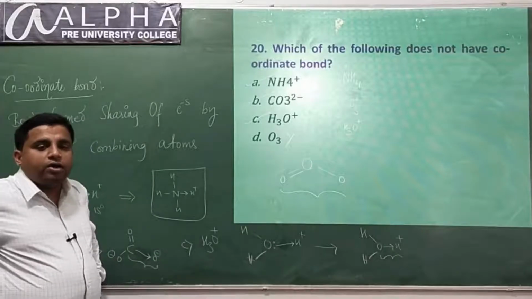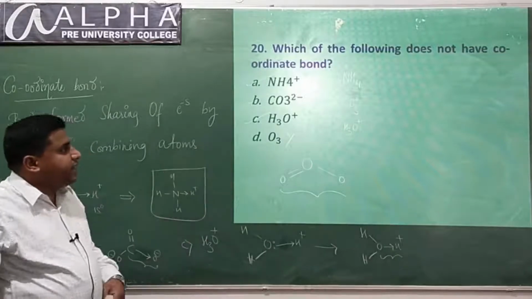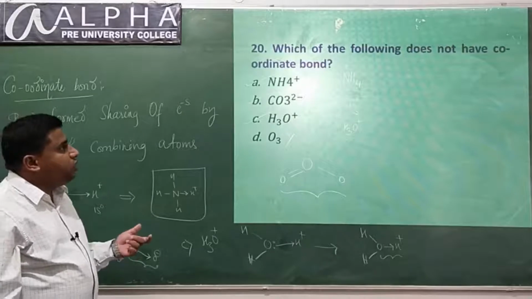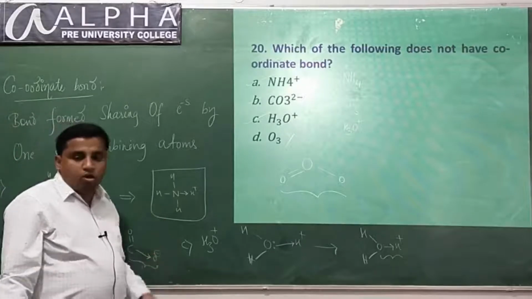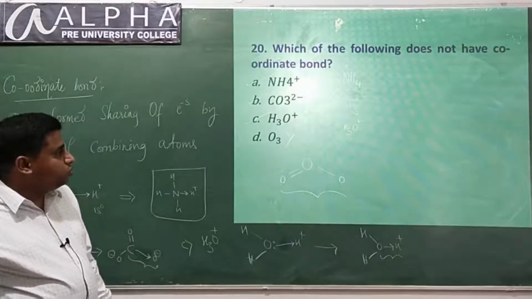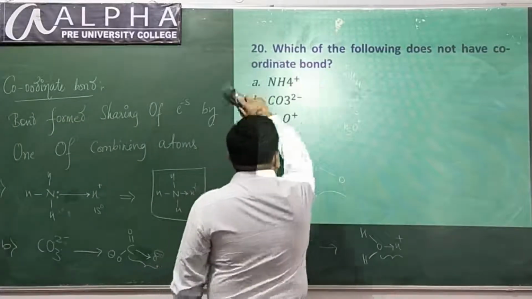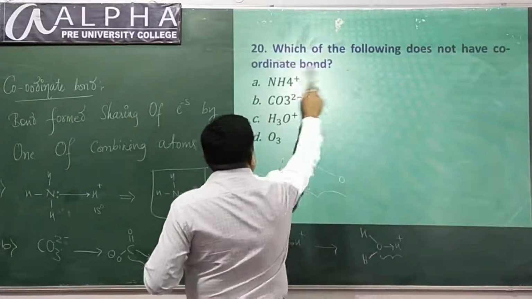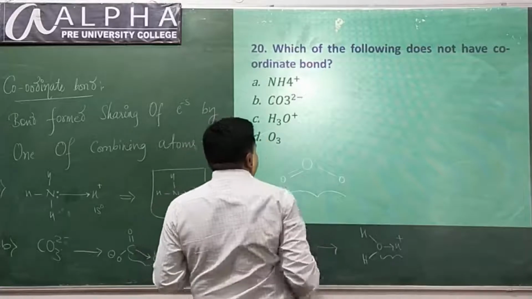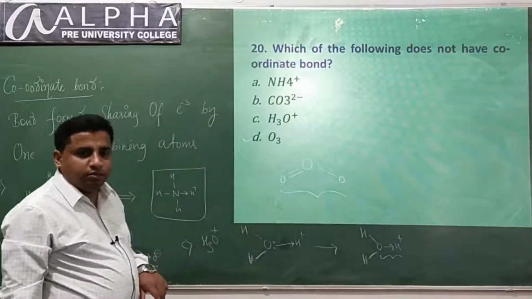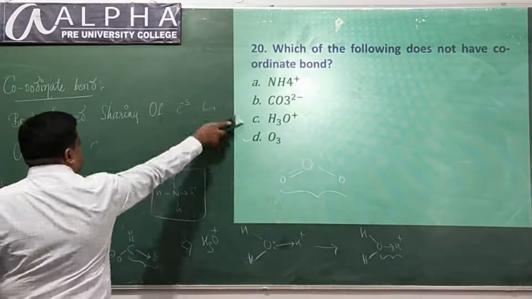None of them are coordinate bonds. Hence, the correct answer is option D. Which of the following does not have a coordinate bond? It is ozone, O3. That's great.